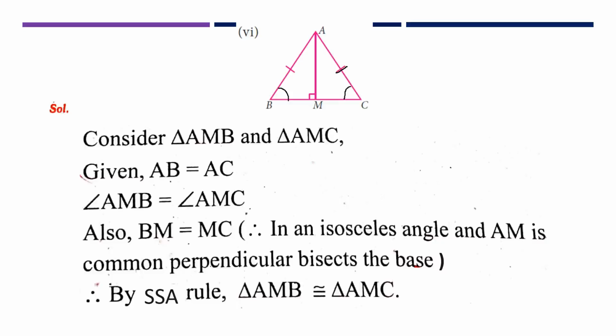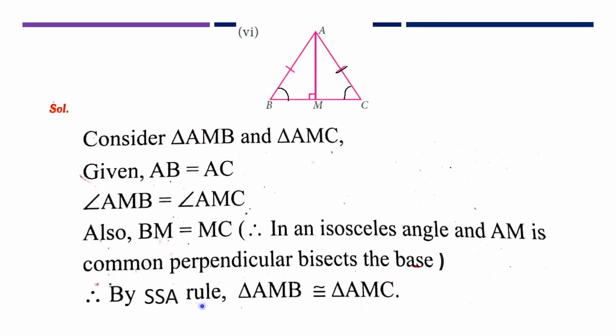So by that concept, in an isosceles triangle, the angles are equal and AM, the common perpendicular, bisects the base. That is, it bisects the side BC. So by that concept, this side is the common side and this angle.